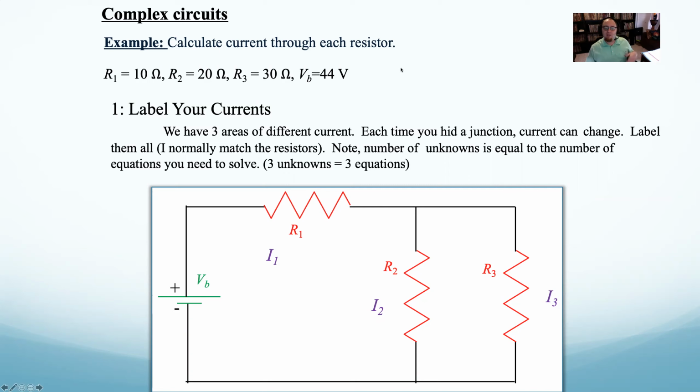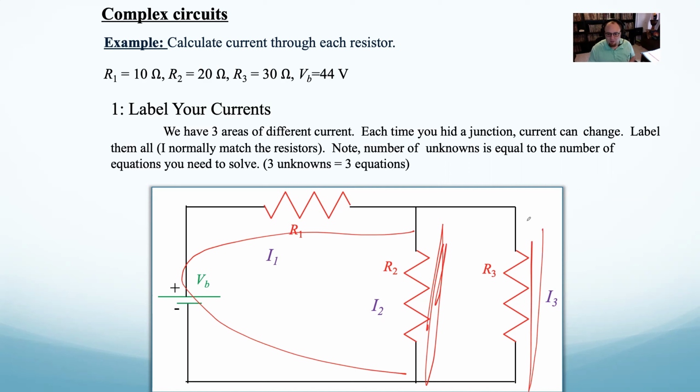And so every time you hit a junction, your I needs to change. And that's why I have one current for all of this, then one current for this, and then one current for this, because that's in between each junction. From there to there, I am just making a mess.